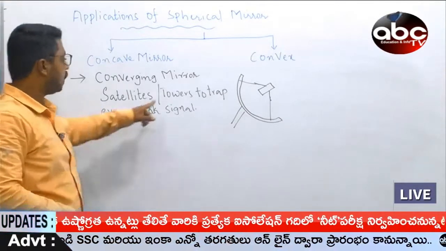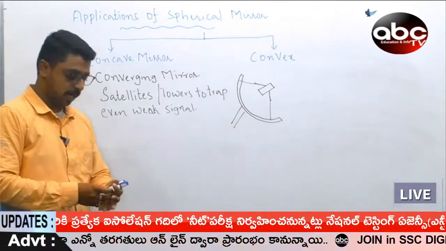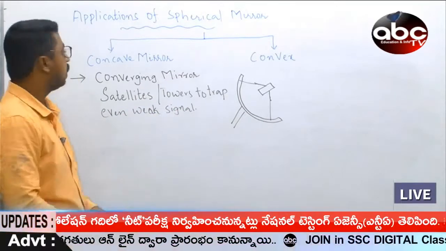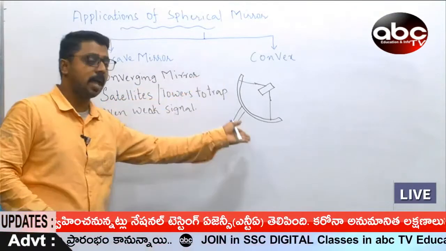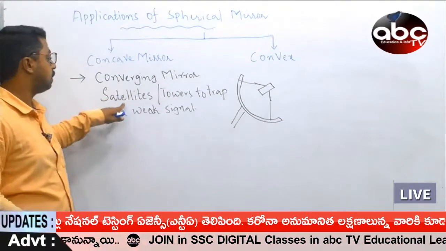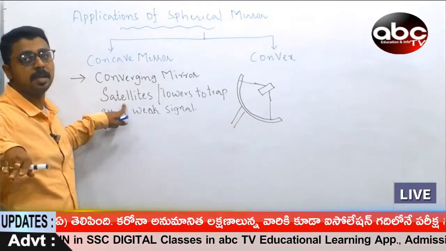They are going to trap even weaker signals. Therefore, concave mirrors are shaped like this, to receive as converging mirrors for satellite making or dish surface making.